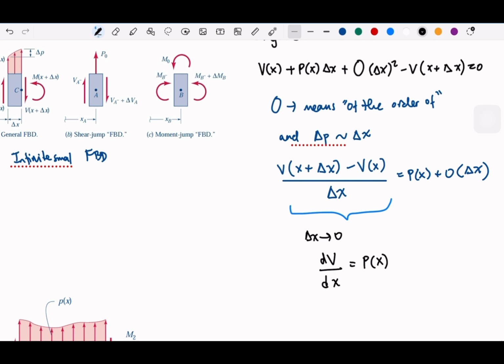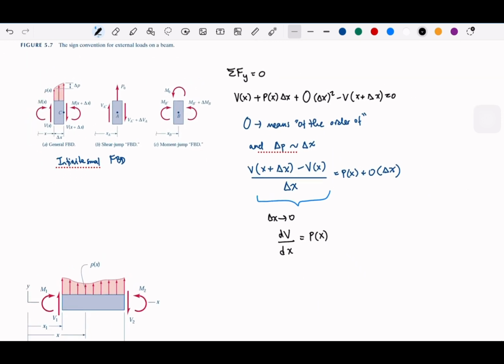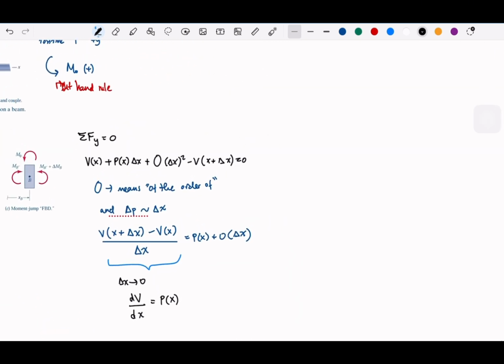And then the same for the moment. We can take the sum of moments with respect to C, with positive directions.